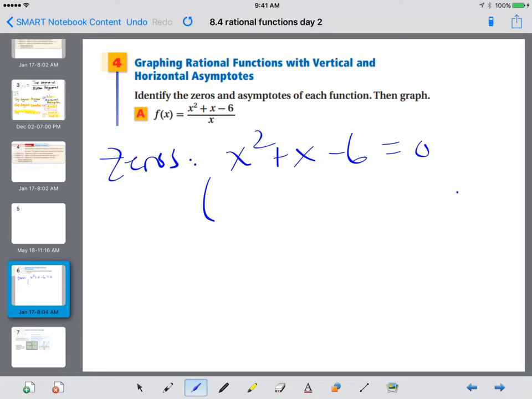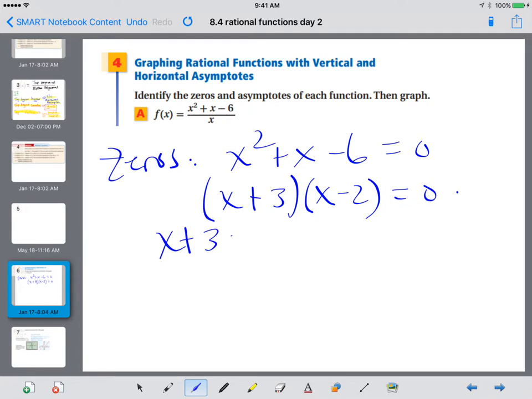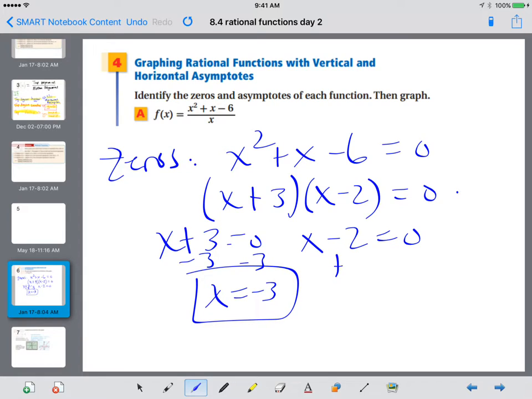Multiply to get negative 6, add to get positive 1: x plus 3, x minus 2. So we have x plus 3 equals 0 and x minus 2 equals 0. Subtract 3 on both sides, we get x equals negative 3. Add 2 to both sides, and we get x equals 2. So my zeros are negative 3 and 2.